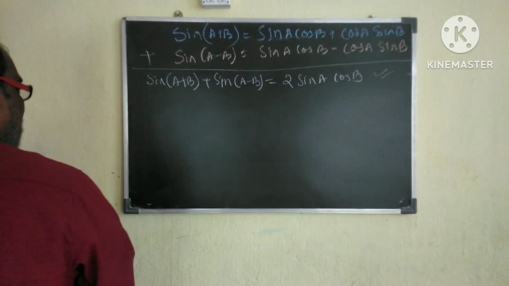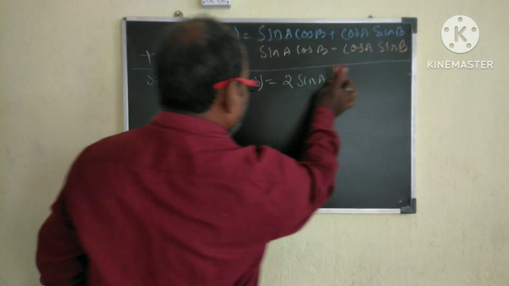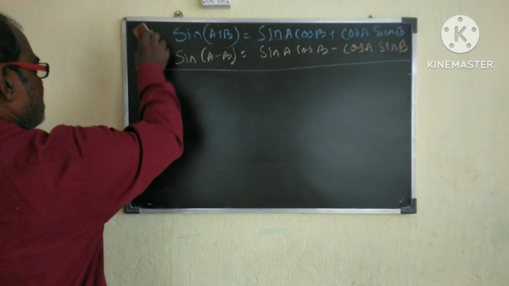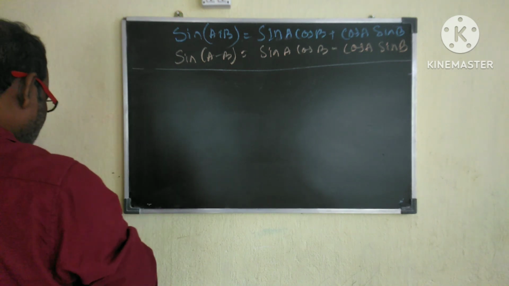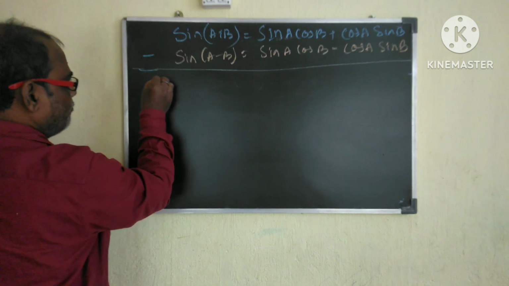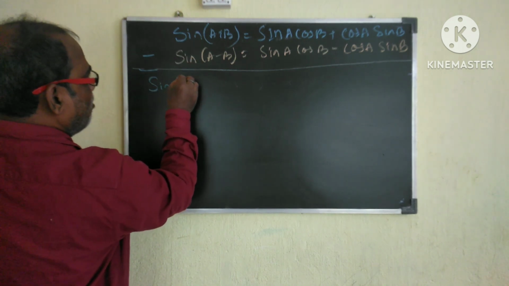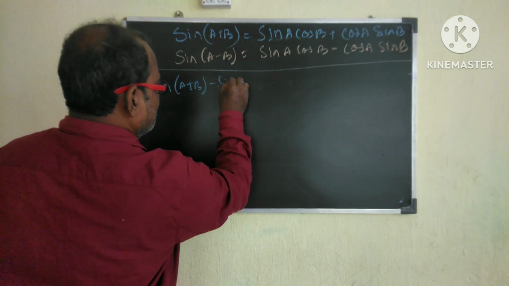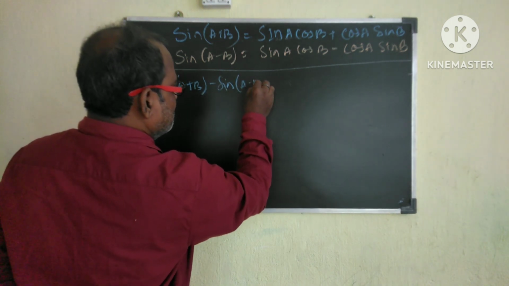Now instead of this, my dear, let us assume that we are going to subtract here instead of addition. Then what do we get? From here we get sine of a plus b minus sine of a minus b.